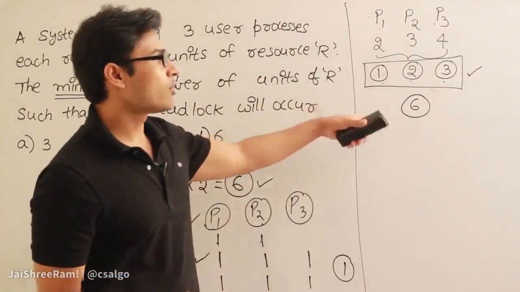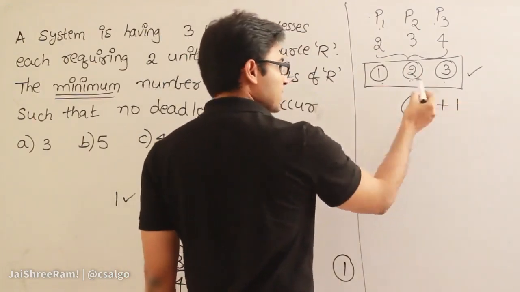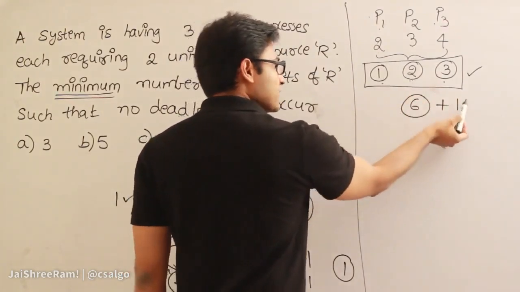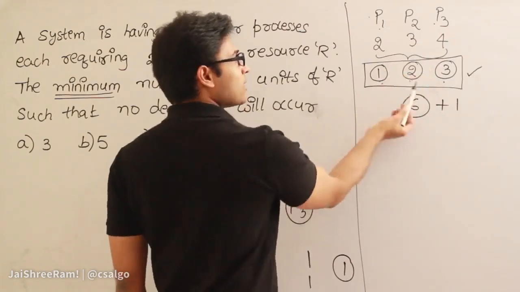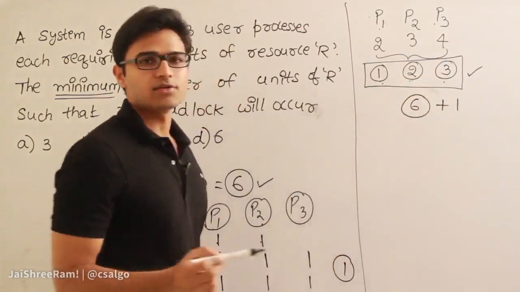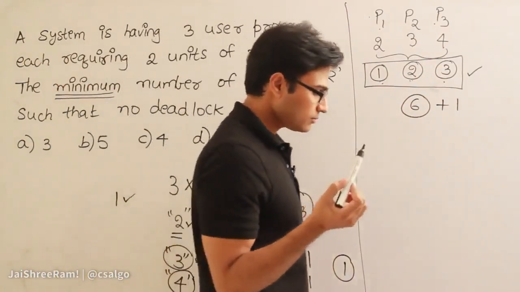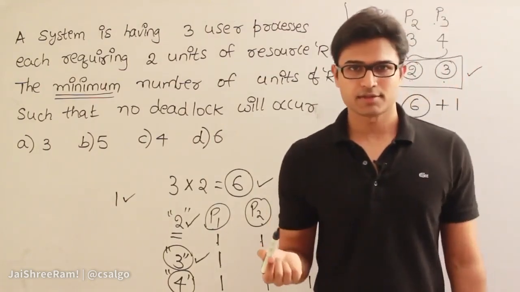And if I add 1 more, which means if I give them 7 resources, then even if this kind of worst case assignment has happened, this 1 resource can be given to any one of them and they will come out of the deadlock and the others will also get solved. So how do you answer such a question? They will say that each process requires so many instances.